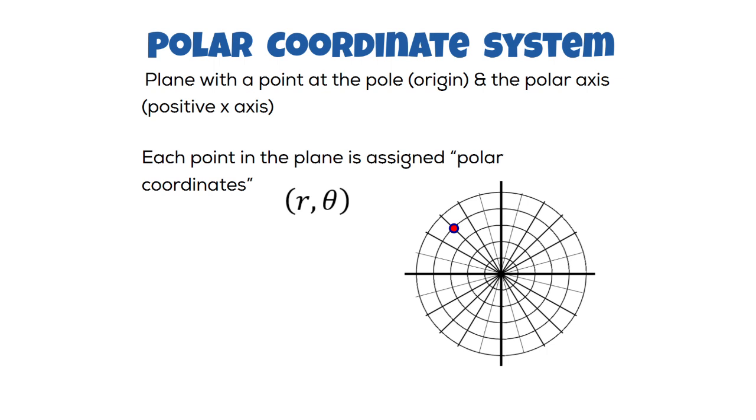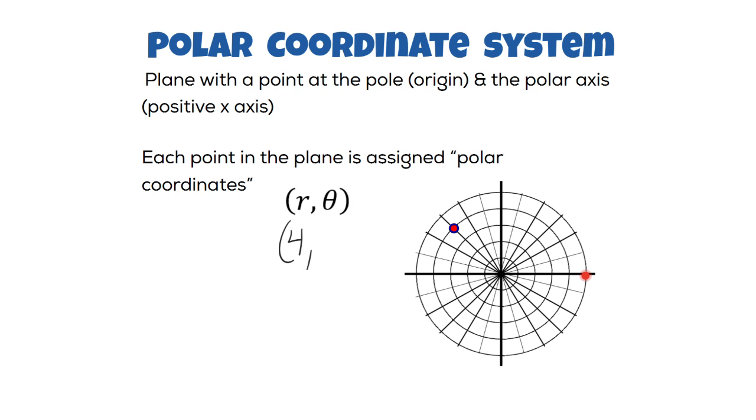This particular point that I have plotted here, we would figure out what that is based on R, the radius, how far out it is. If I count the rings, that's 1, 2, 3, 4 rings out. So this radius would be a 4. And the theta is what angle measurement it would be. Again, you're thinking in terms of the unit circle.